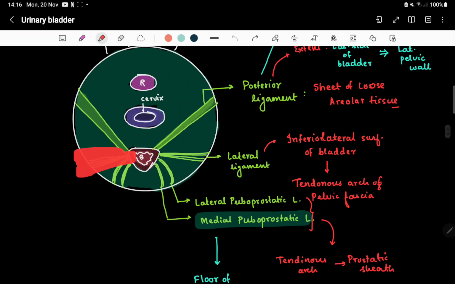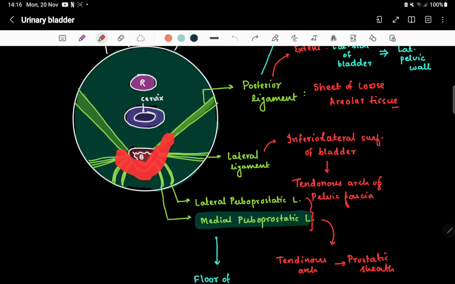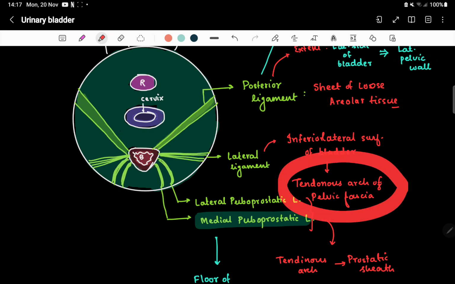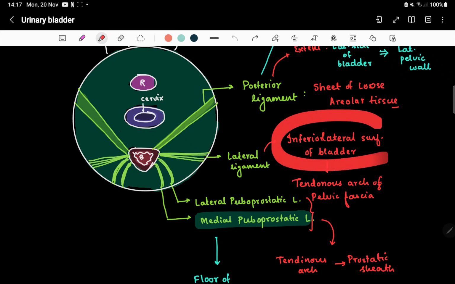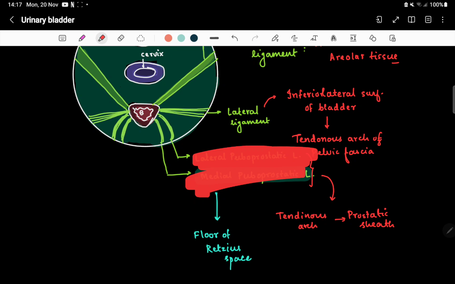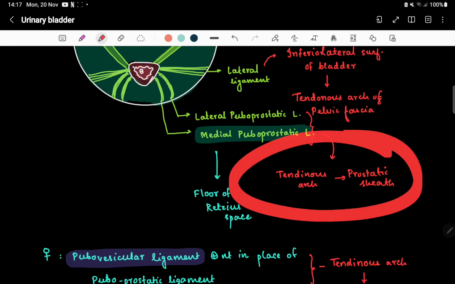Then the lateral ligaments are present more laterally. These are formed from the inferior lateral surface of the bladder to the tendinous arch of the pelvic fascia. Then you have the lateral puboprostatic and the medial puboprostatic ligaments. These ligaments go from the tendinous arch to the prostatic sheath.